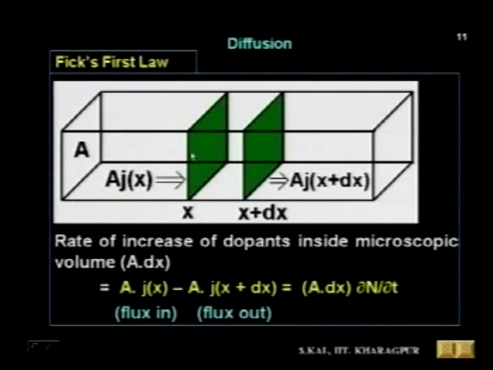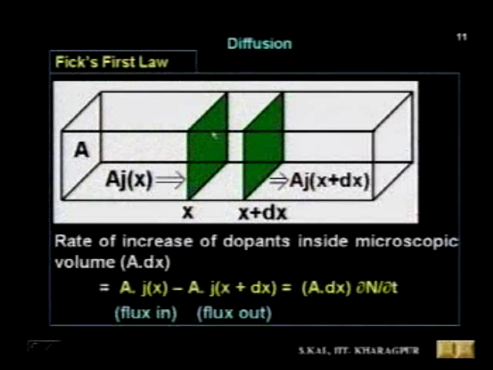I call impurity atoms as atoms. The impurity atoms reaching the plane at x is A into Jx, and at x plus dx, the number of impurity atoms crossing out of the plane is A Jx plus dx. Jx plus dx is the flux at plane x plus dx.